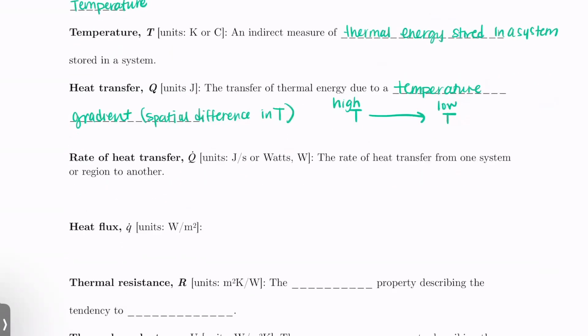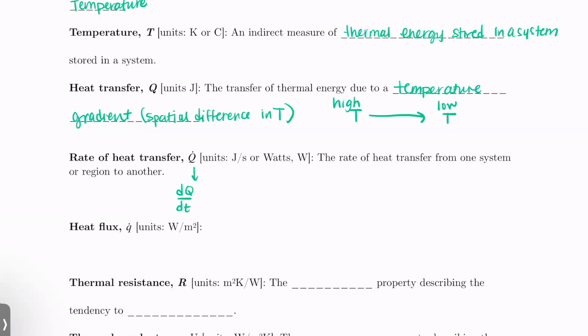Q dot is the rate of heat transfer. This is the rate of heat transfer from one system or region to another. The dot just indicates a time derivative, so this is dQ dt. The units are, of course, joules per second, which is watts. Heat flux is going to be Q dot divided by a surface area, so it gets a little q because it's like a specific rate of heat transfer.